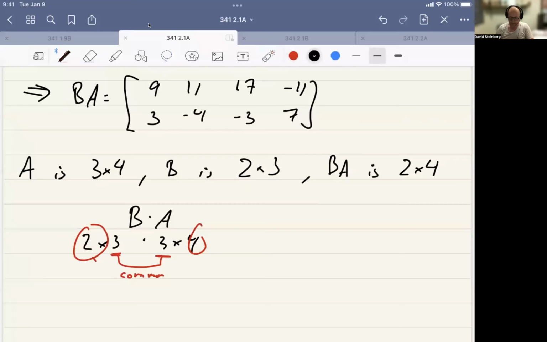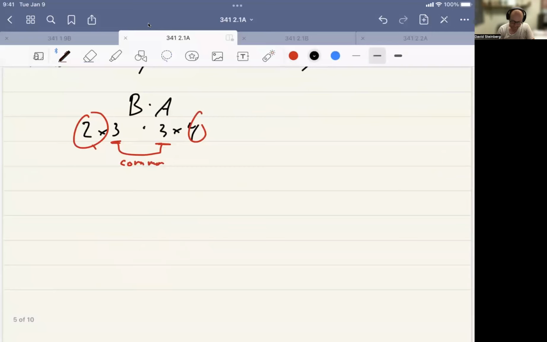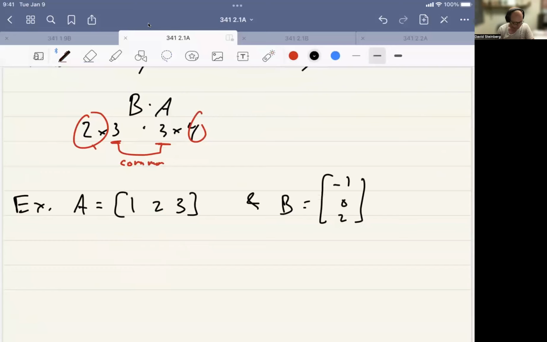Let's do another example. We'll do a fun example. I like this example where we've got a matrix A that is 1x3, let's say, and B is 3x1. So here's AB.